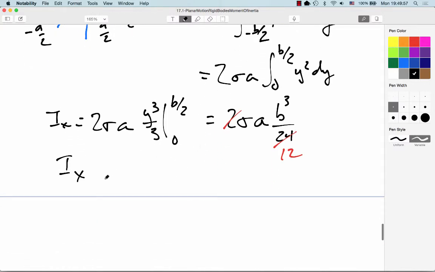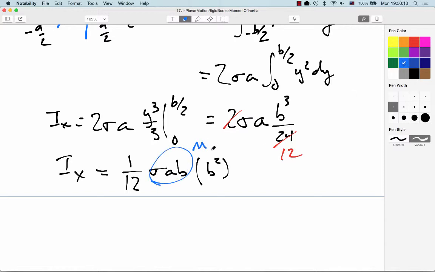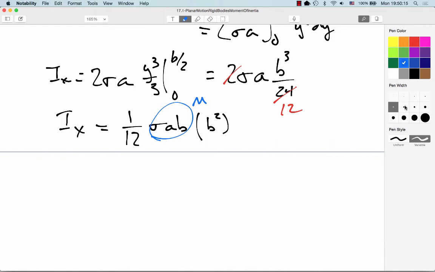So I_x equals 1/12 sigma ab times b squared. And I wrote it that awkward way because I can recognize that that's the mass of the whole thing. So I get that the moment of inertia about the x-axis is 1/12 M b squared.